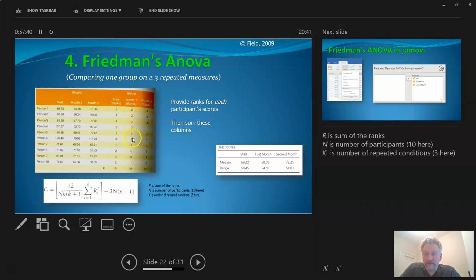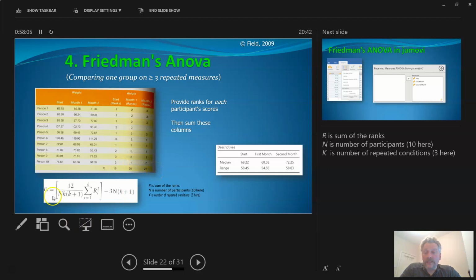Again, do that for all participants. You'll notice some seemingly have it the opposite way around. This person, for instance, lost weight throughout the course, so their ranks go in the opposite direction. Some are a bit more muddled. But what we can do at the end is add up the ranks of each of those.